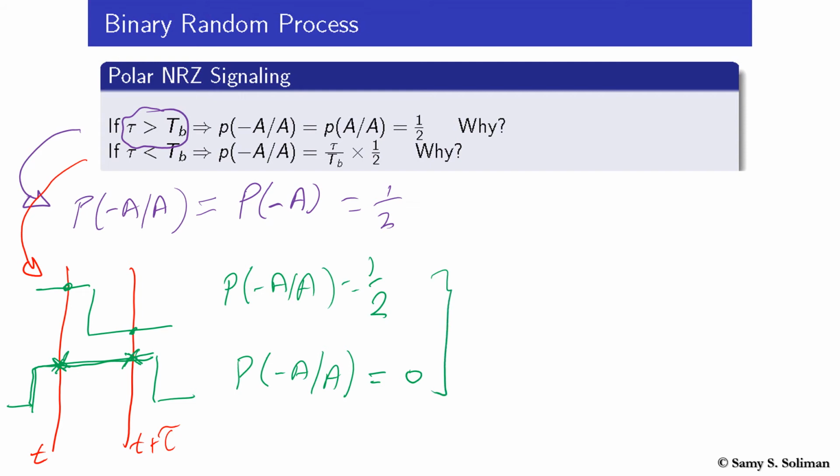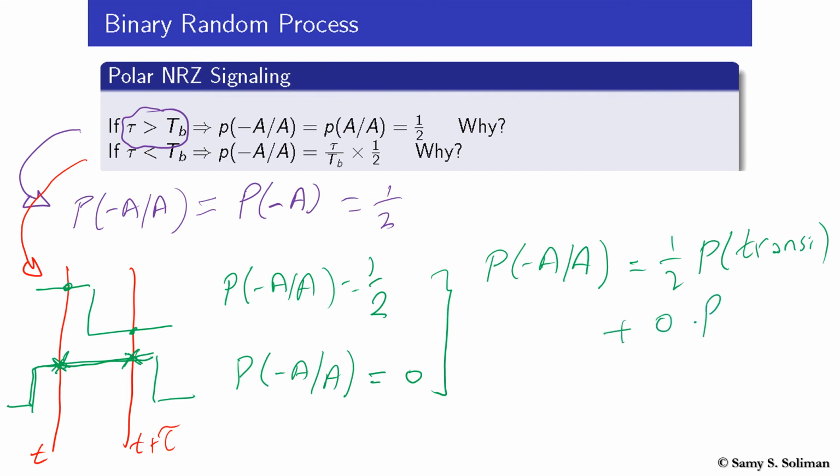So the overall probability of negative A given that the first is A, is equal to half times the probability of having a transition plus 0 times the probability of having no transition. Of course, this term is equal to 0 irrespective of the probability of transition.